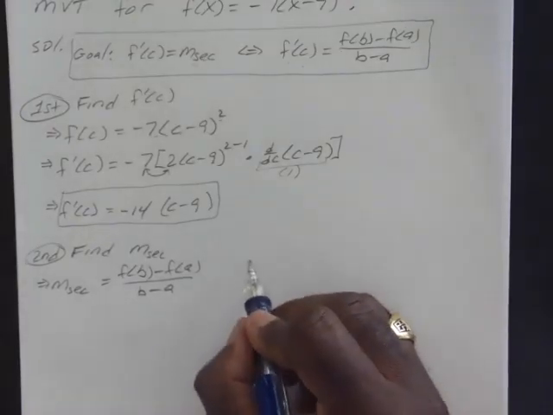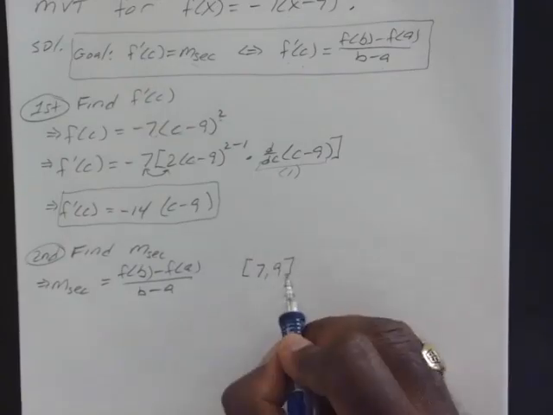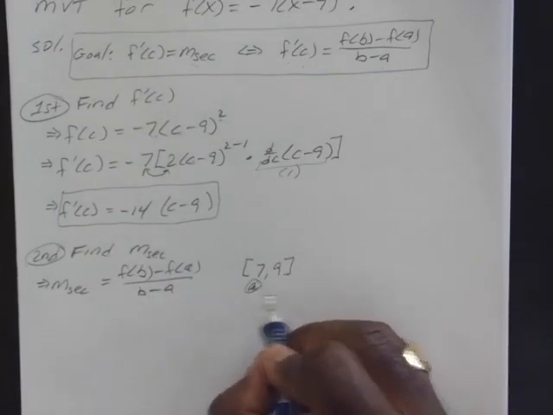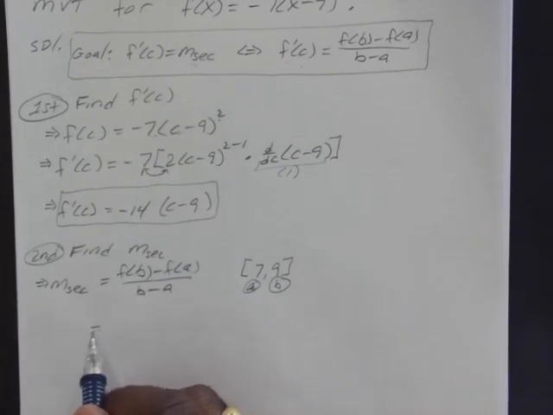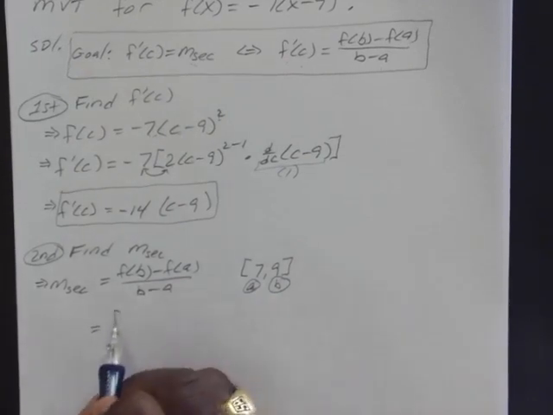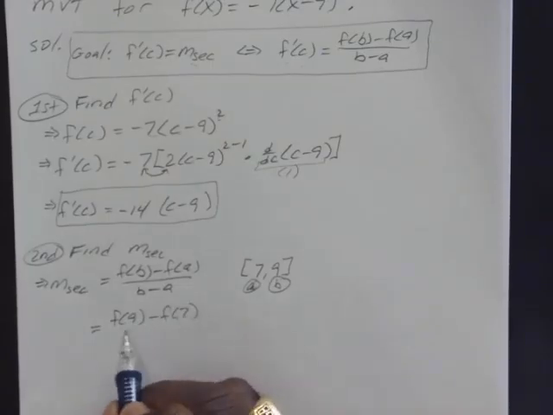Okay, well, we know that our interval is from 7 to 9. So this is our A, and this is our B. Which means what we're looking for is f of 9 minus f of 7 divided by 9 minus 7.